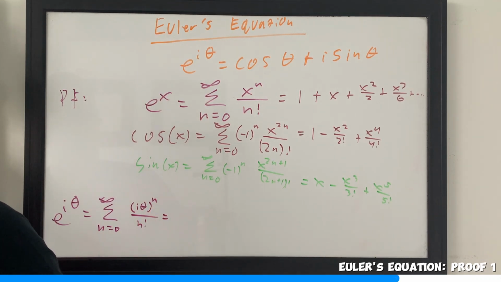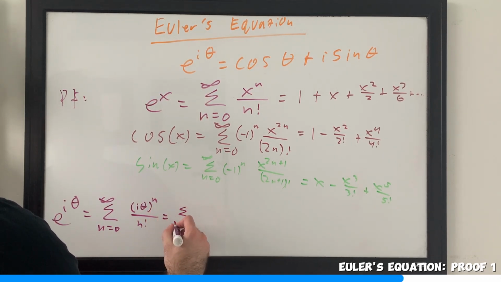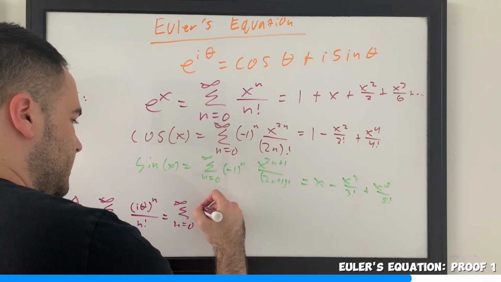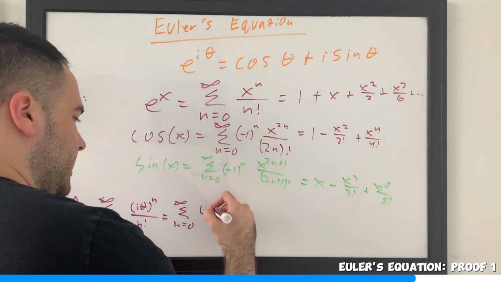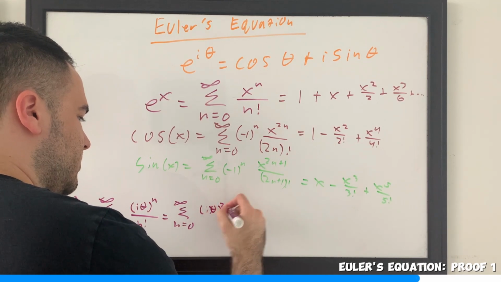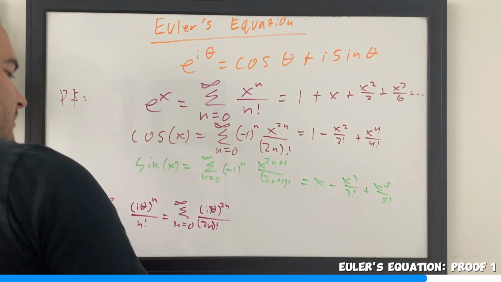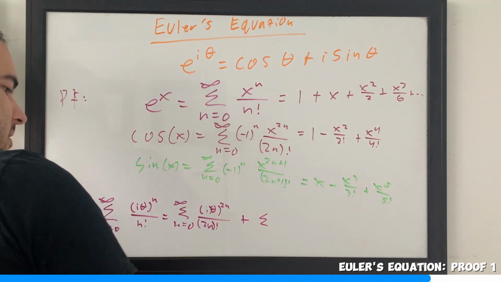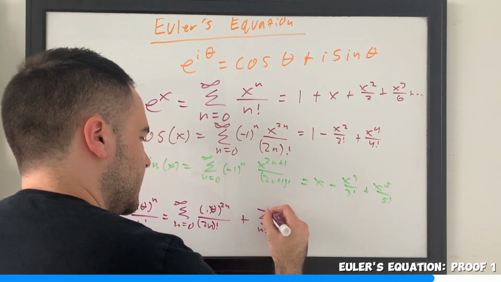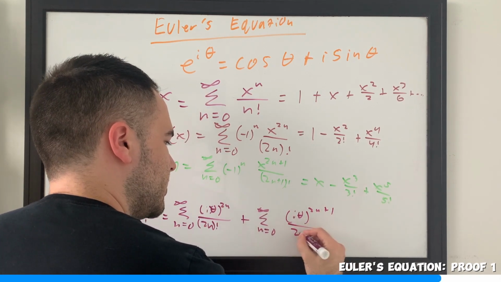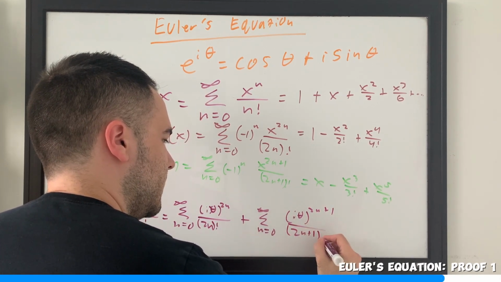So now when you break this up into particular cases, you get the sum of all of the even terms, which is I theta to the 2n over 2n factorial, plus the sum of all of the odd terms, which is I theta to the 2n plus 1 over 2n plus 1 factorial.